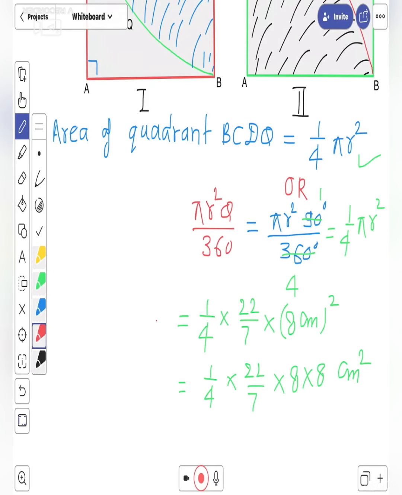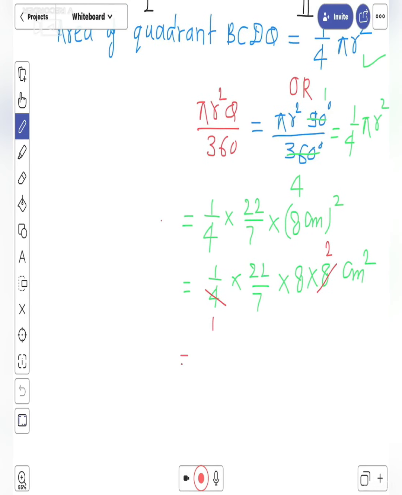Now you can cancel this: 4 ones are 4, and 4 twos are 8. Okay, so on simplifying it, you will get 2 into 22 into 8 divided by 7 centimeter square.